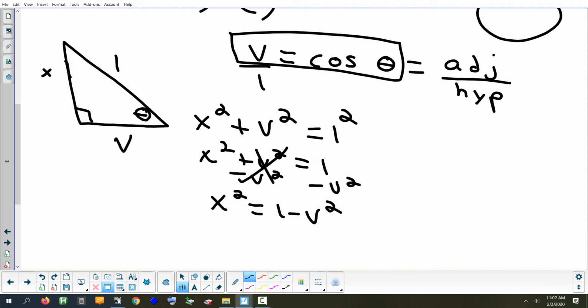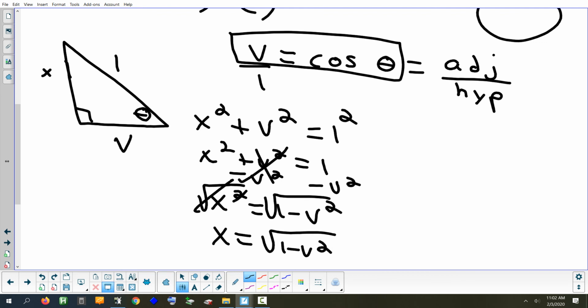And now I want x. So what do I have to take on both sides to get rid of that exponent of 2? Take the square root of both sides. Square root and square cancel. And that is the length of this, basically the height of that triangle. It's the square root of 1 minus v squared.